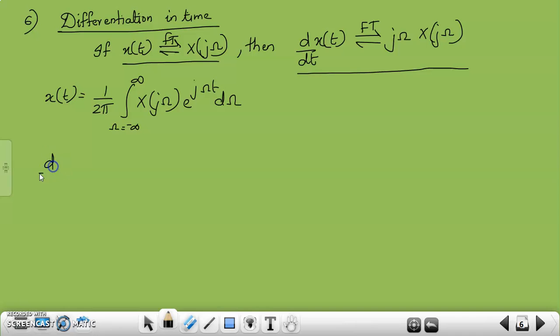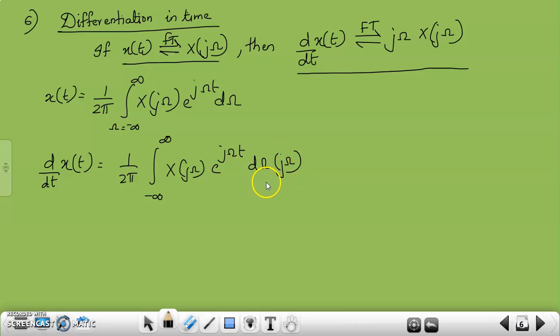Now if I am differentiating this, d by dt of x of t will be 1 by 2 pi integral from minus infinity to infinity x of j omega e raised to j omega t d omega, into j omega.